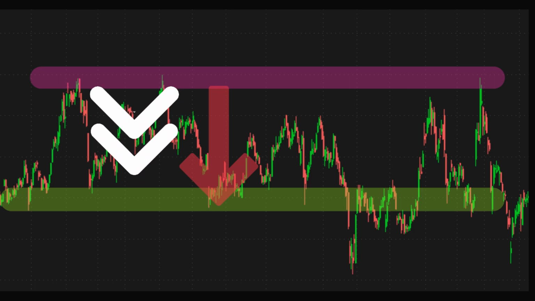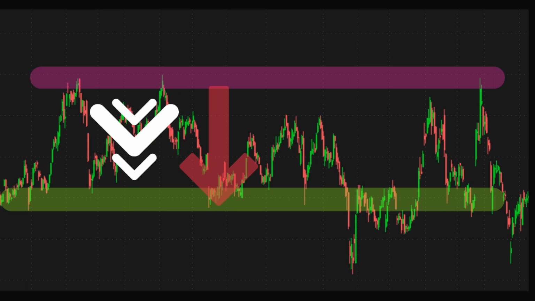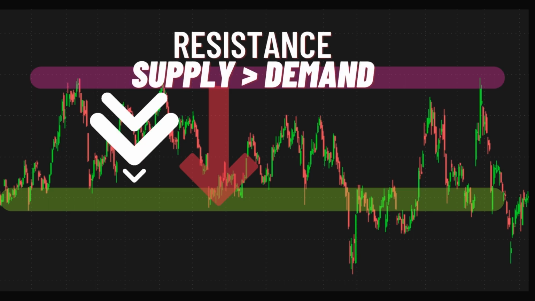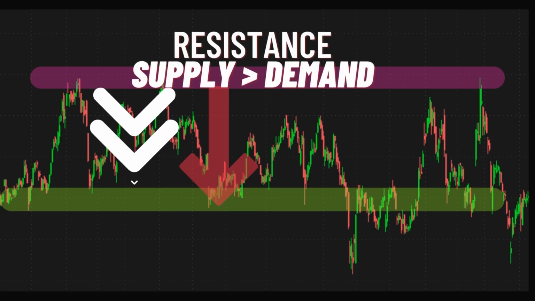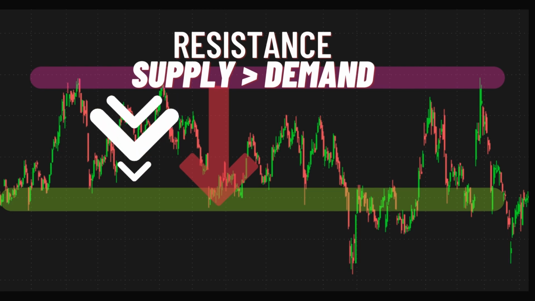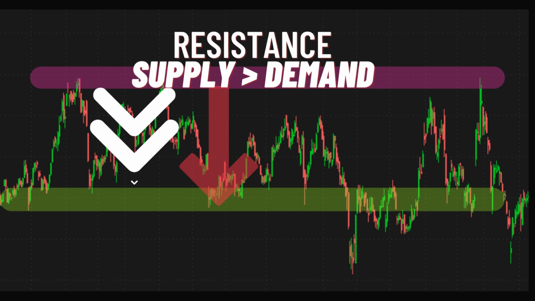It could be the reluctance of buyers to initiate new positions at such rich valuations. It could be for any other number of reasons. But a technician will clearly see on a price chart a level at which supply begins to overwhelm demand. This is resistance. The resistance can be a level or a zone.